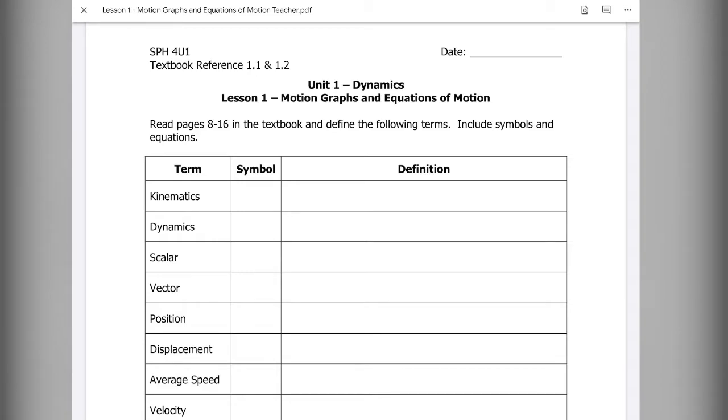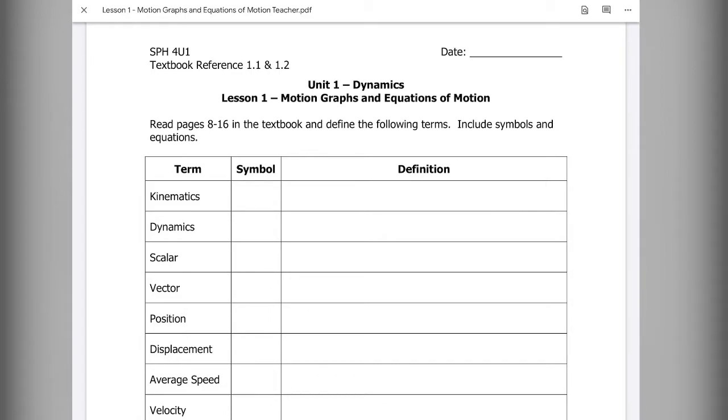I would strongly suggest and recommend you figure out how to take notes on Kami because on most of your Chromebooks you should be able to use the pencil and take notes on your PDF file. If you are not able to at this point, please go watch the other video on how to export a proper PDF note on Kami and how to download the Chrome extension so that you can get used to that.